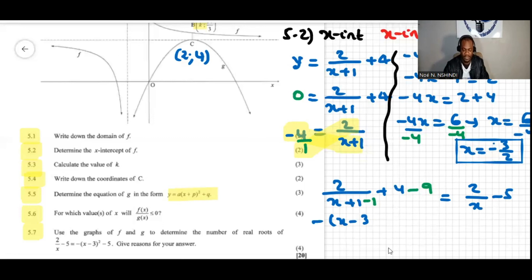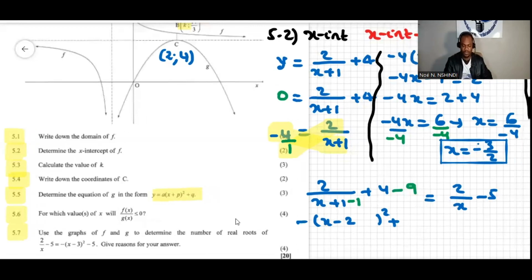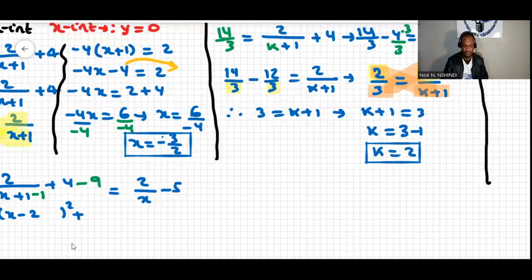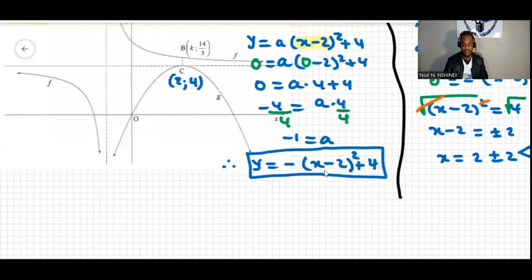Initially, for the parabola, we had negative open bracket x minus 2 to the power of 2 plus 4.